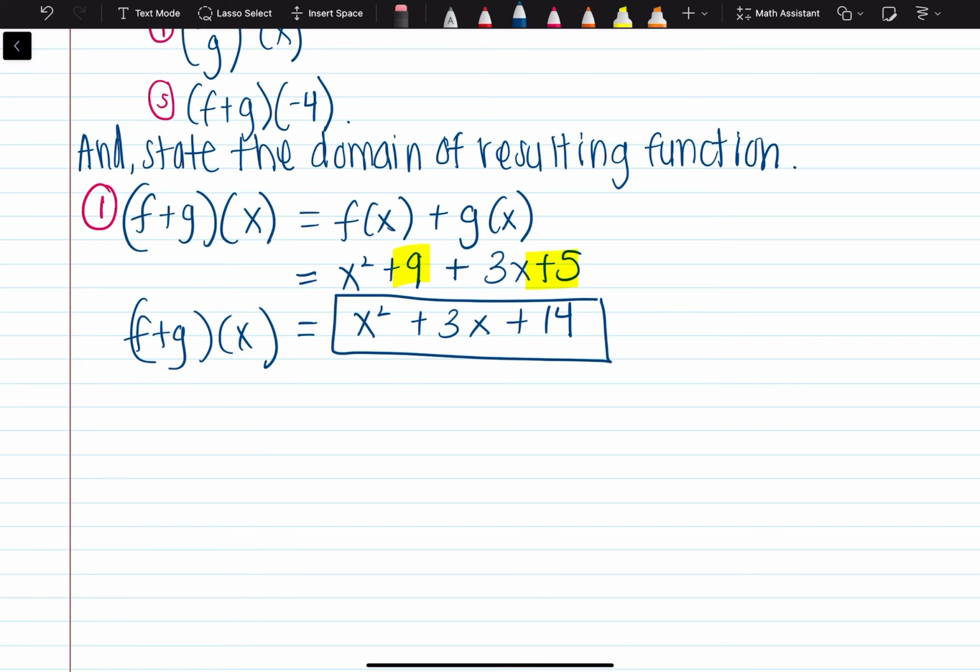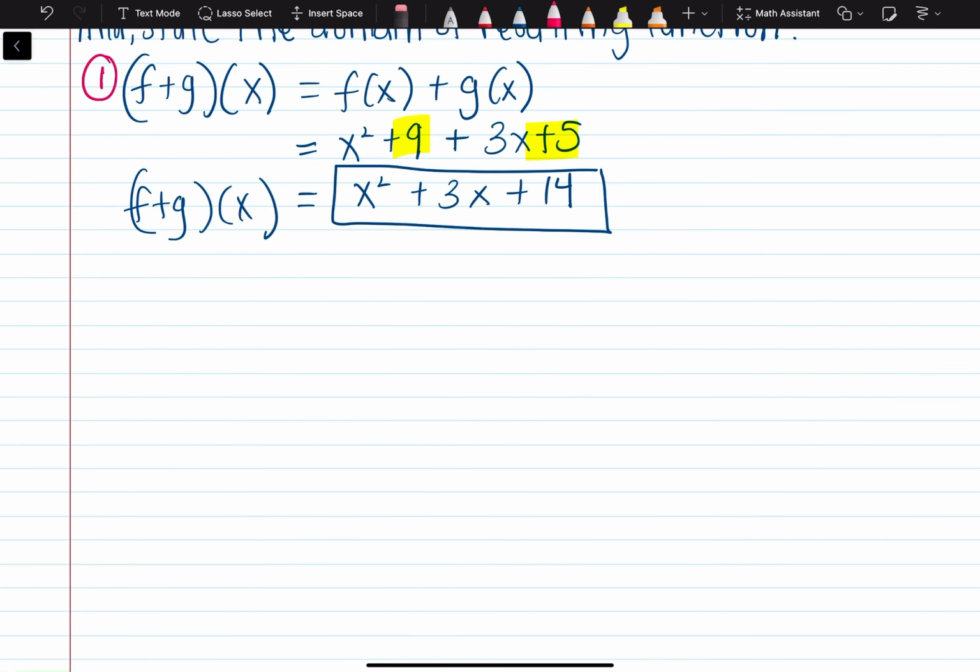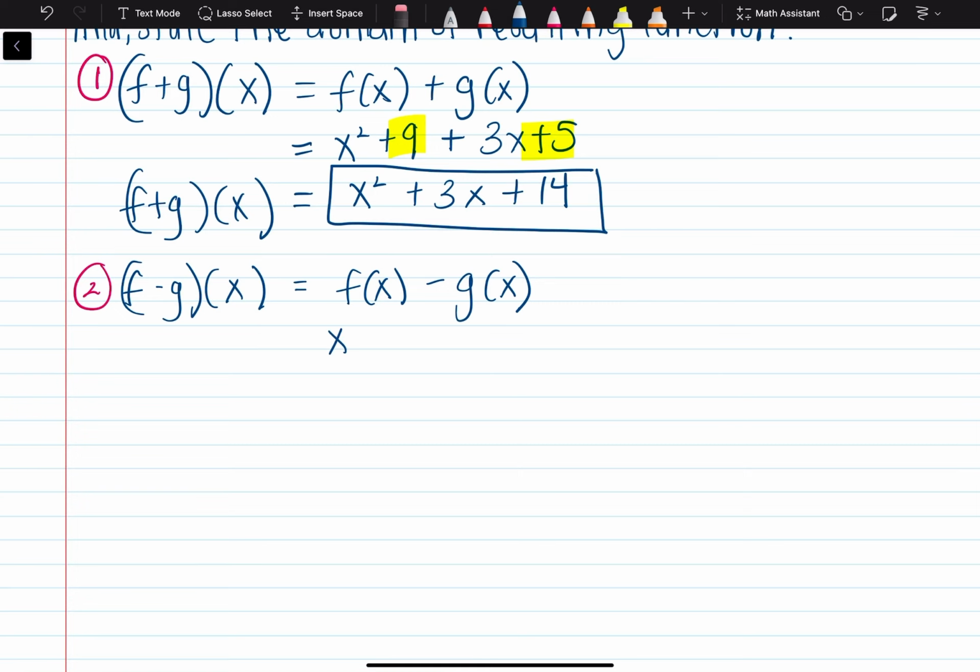All right, like I said, with subtraction there's just one other step that you need to remember. When it asks you to take f minus g of x, that's equivalent to f of x minus g of x. Here, you need to be a little bit more careful when you substitute into the function. We know f of x is defined to be x squared plus 9. We're going to subtract g of x, but you do need to write g of x in parentheses, because the subtraction symbol is kind of like an invisible one there.